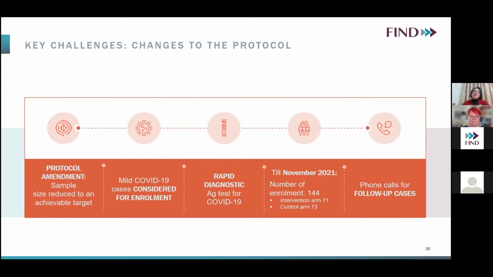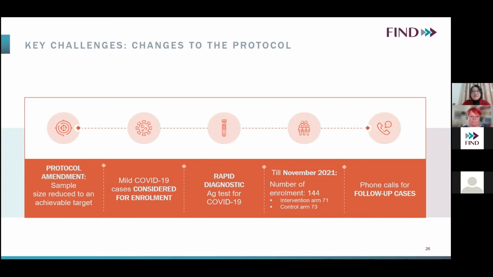So there have been a few changes to the protocol, as mentioned earlier as well. The protocol amendment is going on. The protocol is being amended so that the sample size has been reduced to an achievable target, I should say.